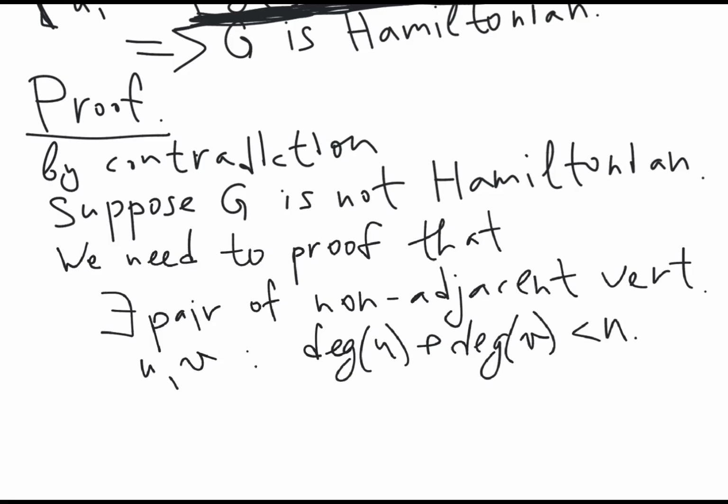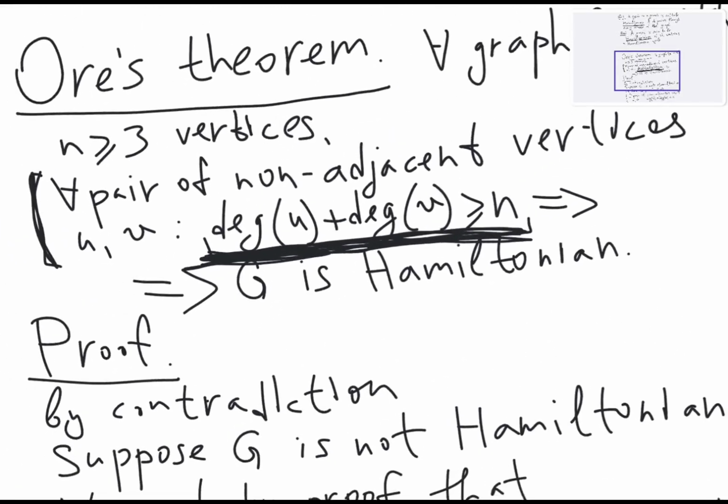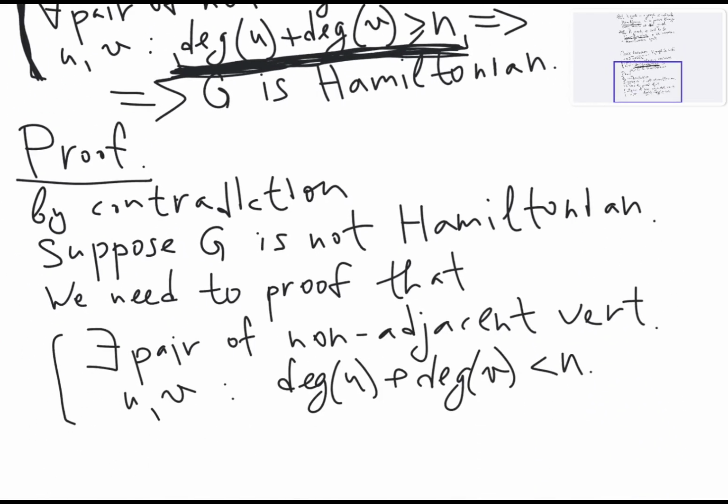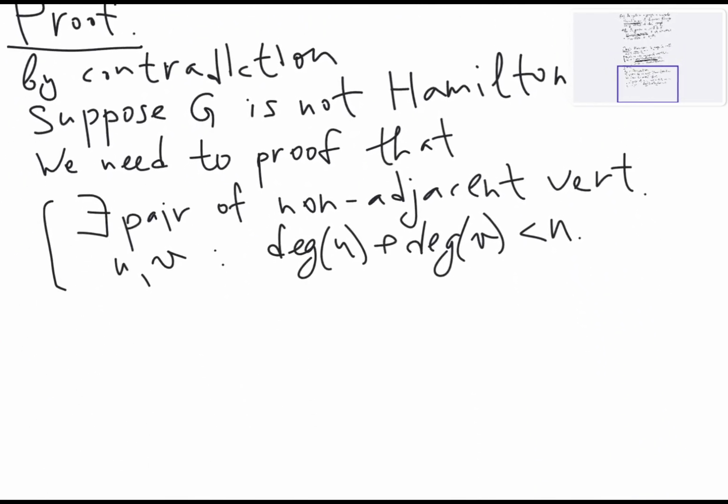If we prove that, that would be a contradiction. We suppose that it's not Hamiltonian, then we find such a pair that would break the condition in the statement of the theorem. Therefore it would be a contradiction. So that's what we are going to prove now.